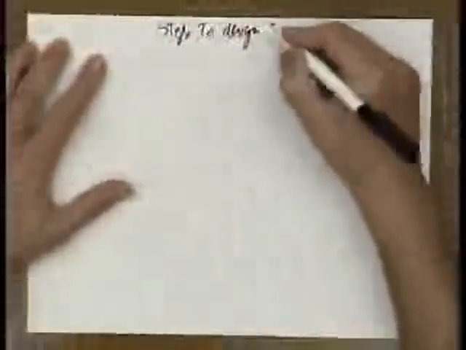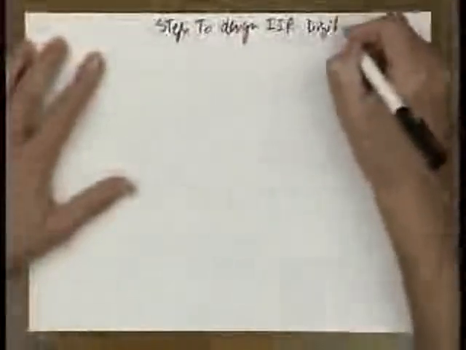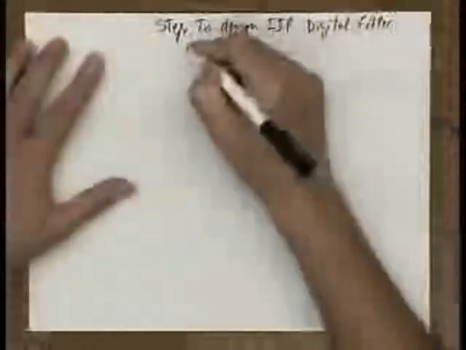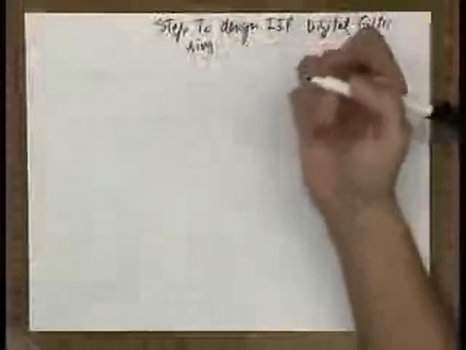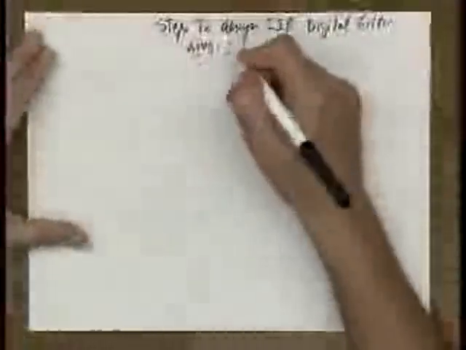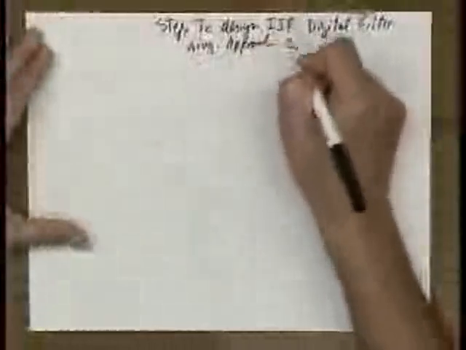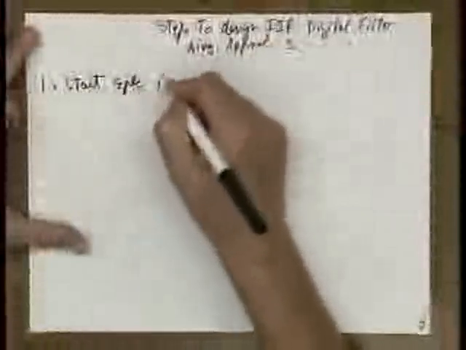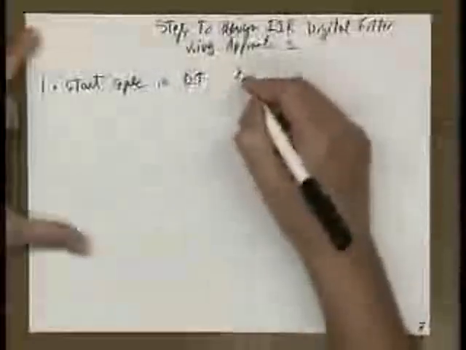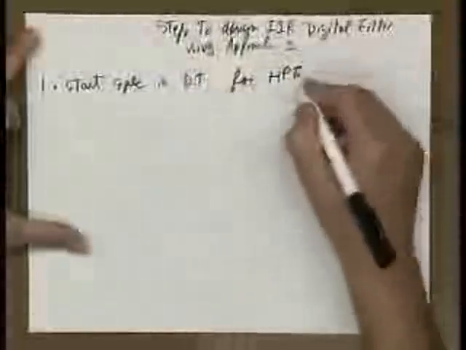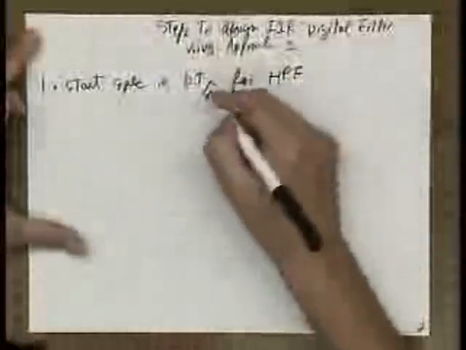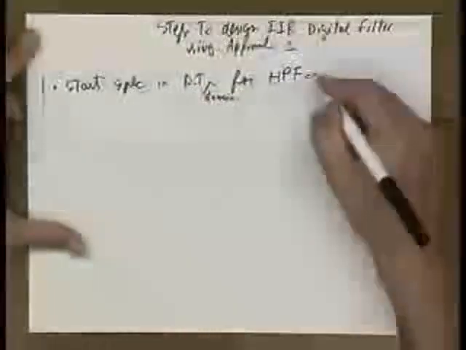Let's come back here. Steps to design an IIR digital filter using this technique that we just talked about. We call it approach 1. As usual, we start with some sort of a spec in the discrete time domain for the high-pass filter.